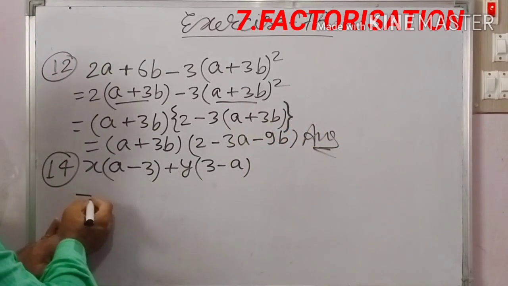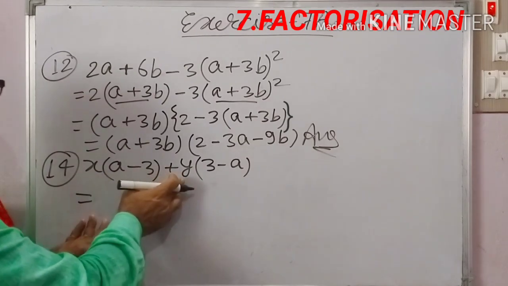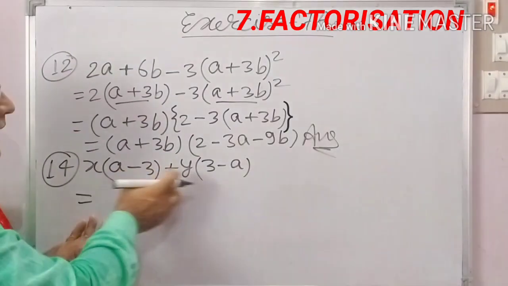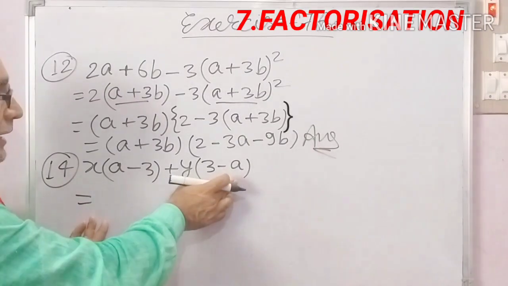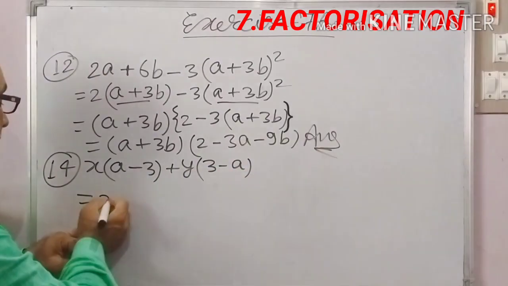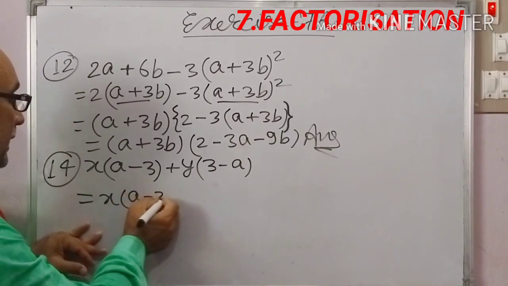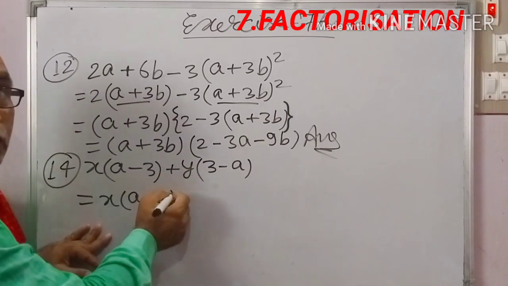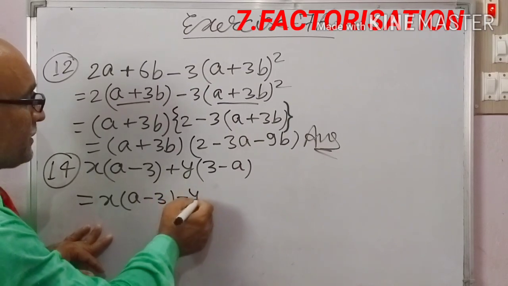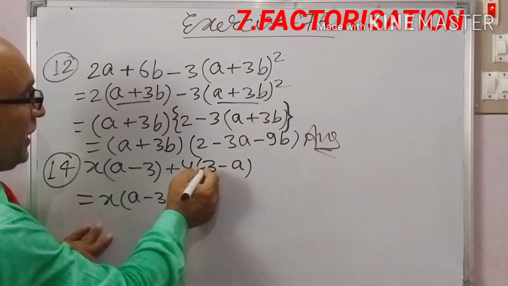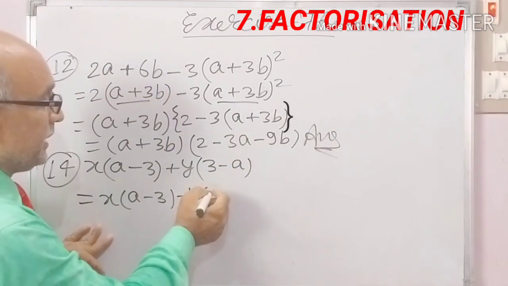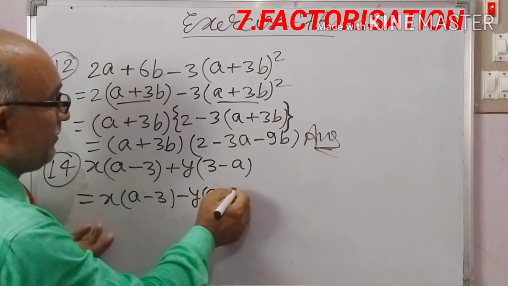And question number 14 is x into a minus 3 plus y into 3 minus a. Here a minus 3, and in this term 3 minus a. So change its 3 minus a into a minus 3. x into a minus 3, minus 1 taken common, so plus y into minus 1 is minus y. So plus 3 changes into minus 3 and minus a changes into plus a, so it is a minus 3.